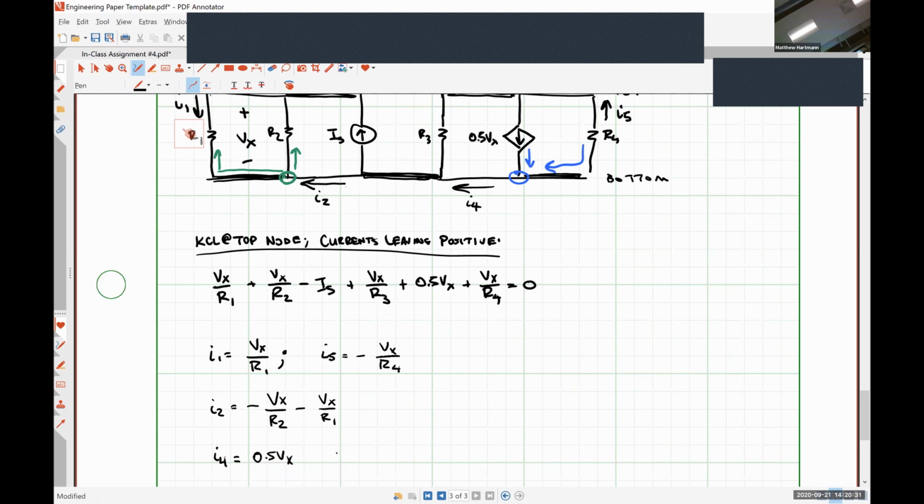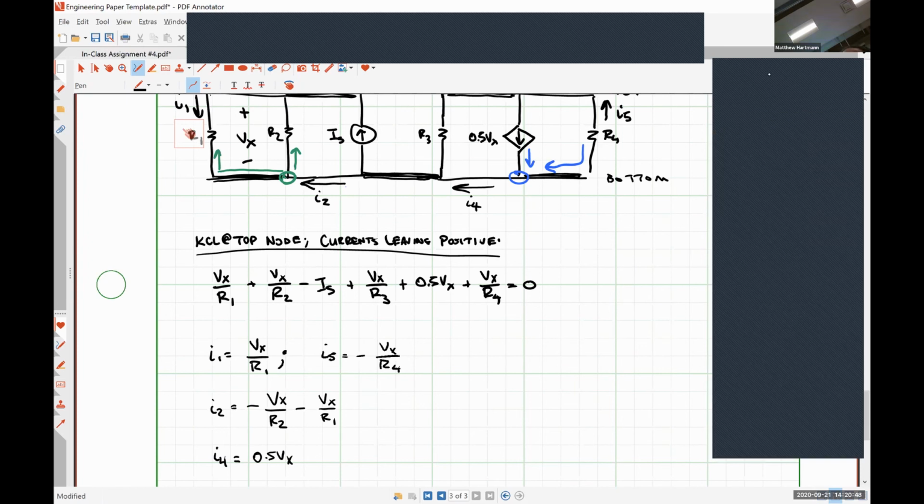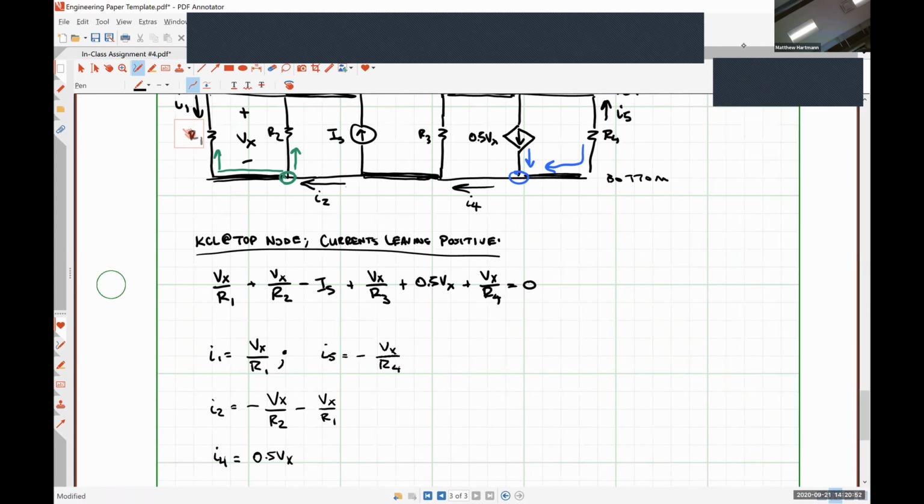And then somebody else tell me what's the current flowing down through the resistor R4. Plus Vx over R4, absolutely right.